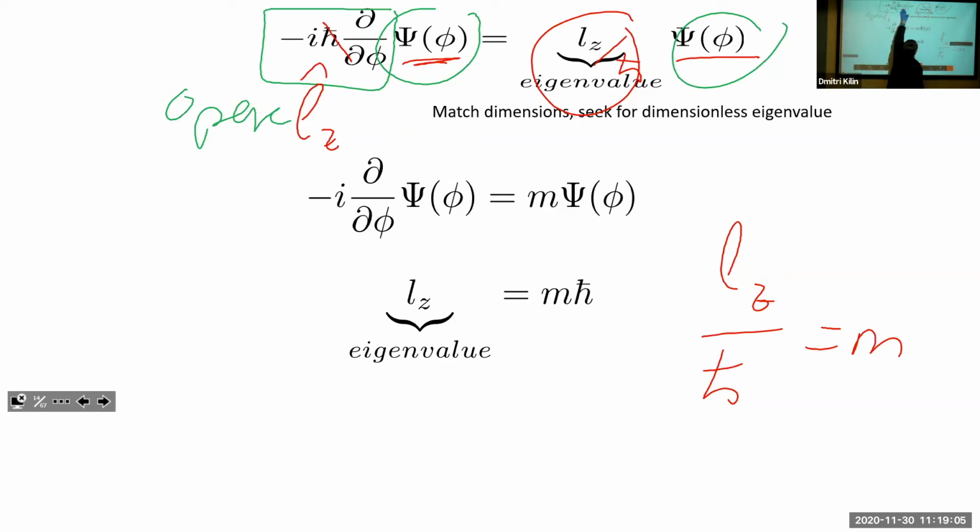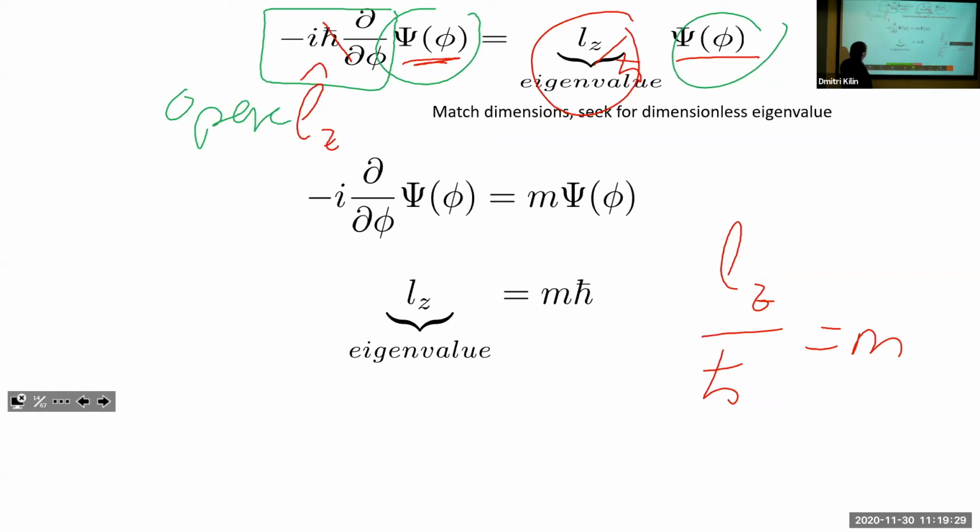So, unknown wave function, and I apologize for this confusing notation, psi of phi. We have the angular momentum operator, we have an unknown wave function, we have unknown eigenvalues.